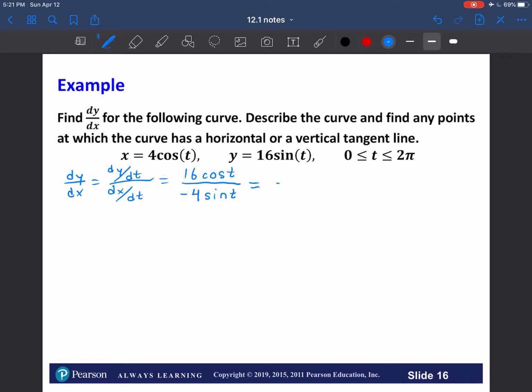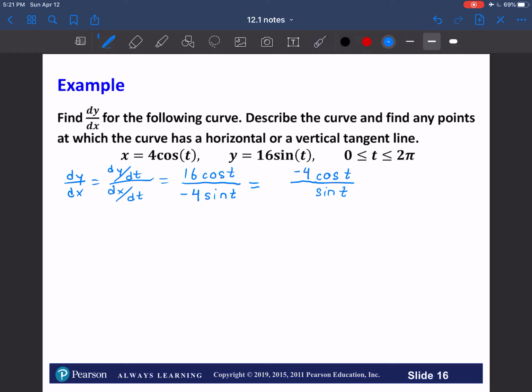We can simplify this to be negative 4 times cosine of t over sine of t. Let me actually write the negative 4 in the numerator. I could write this as cotangent of t. I would argue that that actually makes things more confusing because I'm going to end up explaining this in terms of sine and cosine anyway. So we're just going to leave it like this.